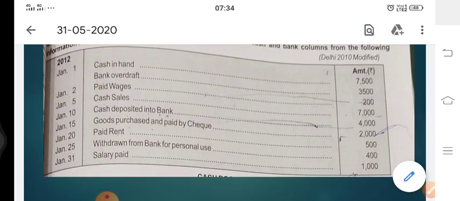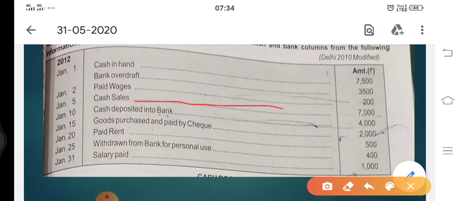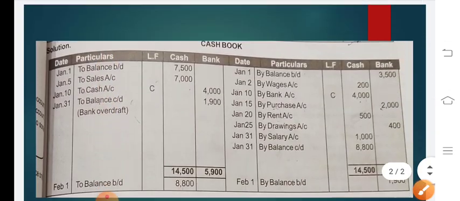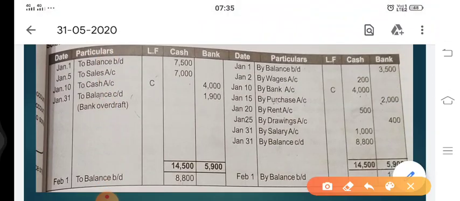The next point we have is cash sales. Cash sales does not mean sale of cash, but it simply means goods sold on cash basis. So simply what is happening here? We sold goods and we received cash of rupees 7,000. Since we received cash, it is a receipt, and we have always studied that receipt of cash is recorded on the debit side, that is, to sales.